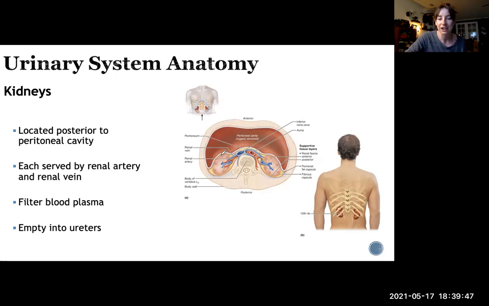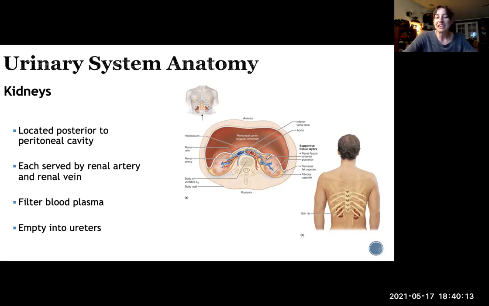So they're actually kind of embedded in the back wall, right up against your last 2 ribs. So they're actually right there at your back, right in the middle of your back, on either side of your spine. So watch out for that region because they are very delicate organs, right? We don't want to damage them.